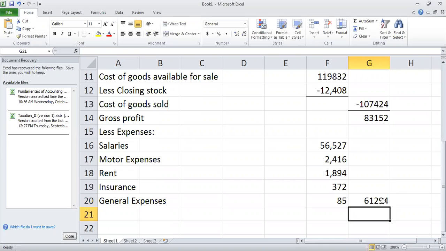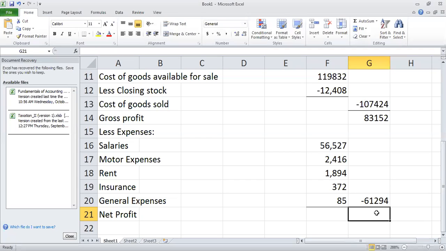So your total expenses is 61,294. This should be in brackets as well because you're going to subtract it. So remember gross profit, and when you subtract that now, you get a net profit. And that would be the end of this income statement.